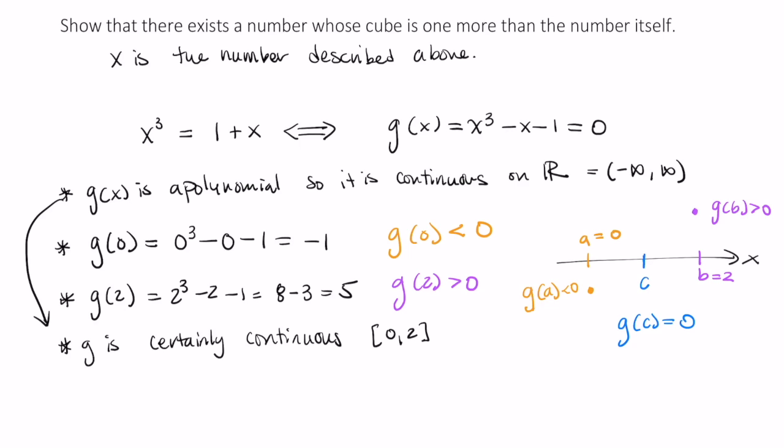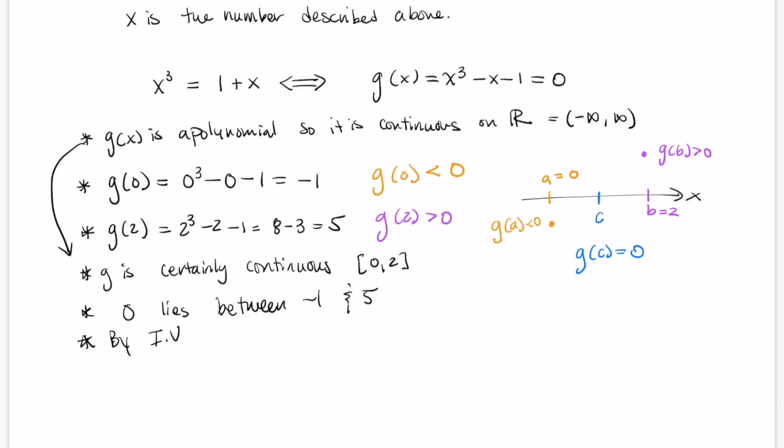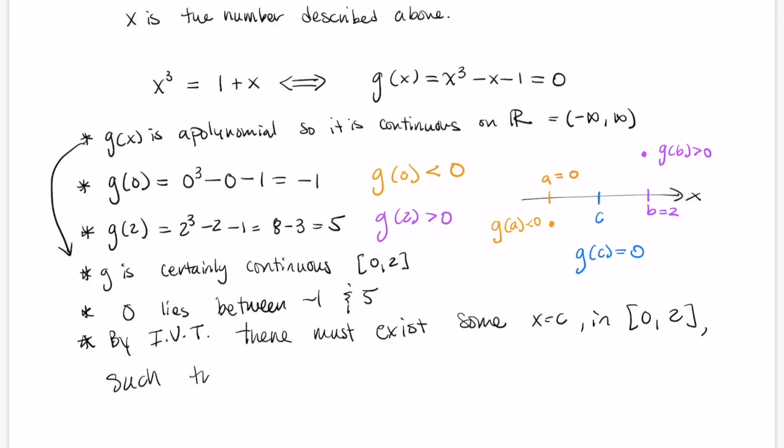So based on the intermediate value theorem, I know that 0 lies between negative 1 and 5. So, by the intermediate value theorem, which I am abbreviating as IVT, there must exist some value x equals c in the closed interval from 0 to 2, such that g of c is equal to 0.